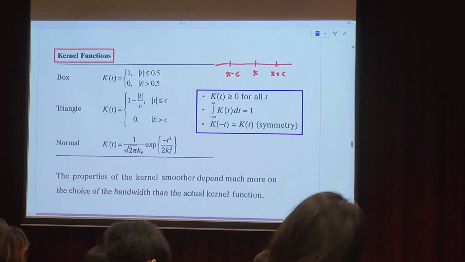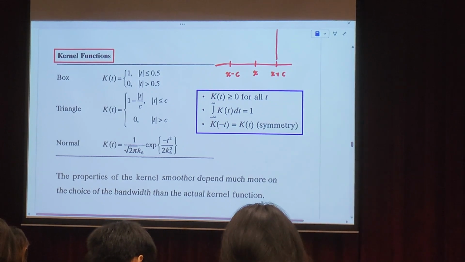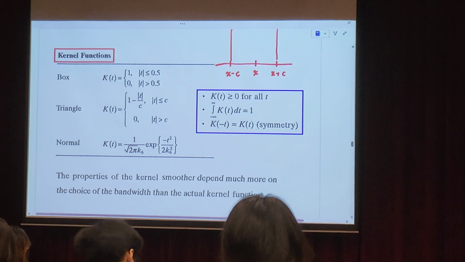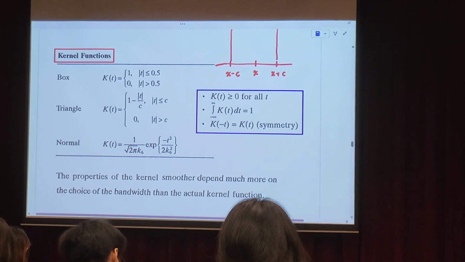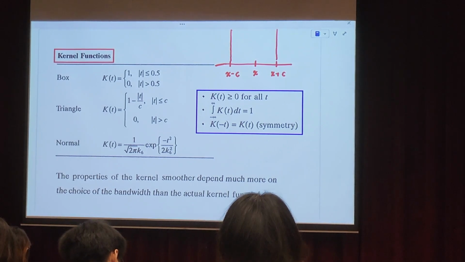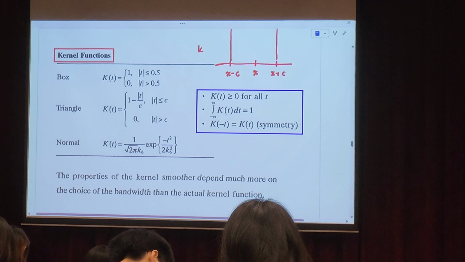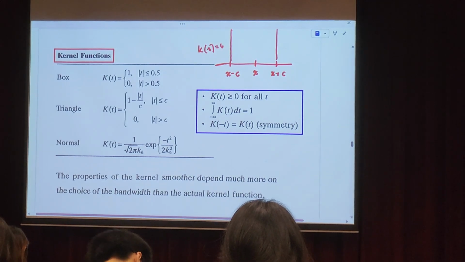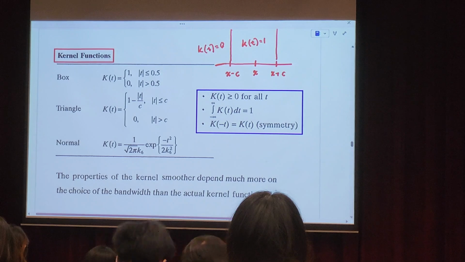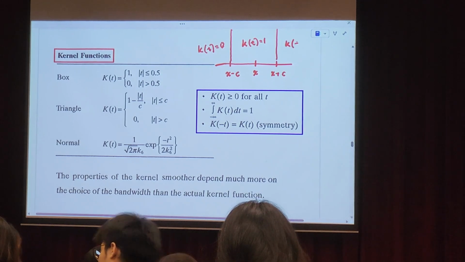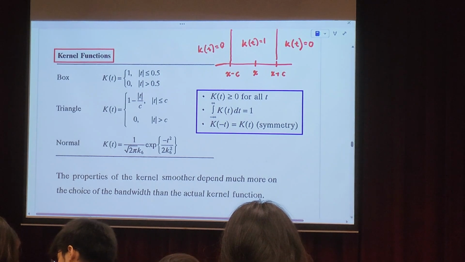Now, the one that we have studied is this. Any point outside, kt will be 0. Here, kt will be 1. Here, kt will be 0.